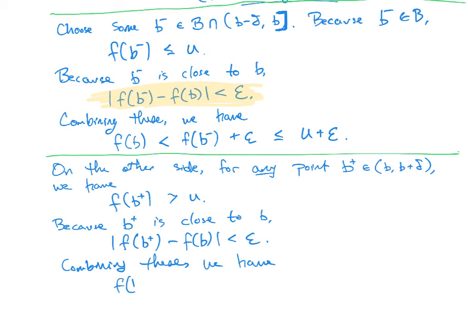The absolute smallest that f of b could be would be f of b plus minus epsilon. And f of b plus is greater than u. So we get u minus epsilon as a strict lower bound on f of b.